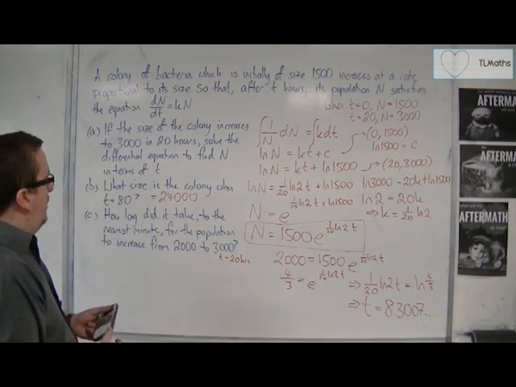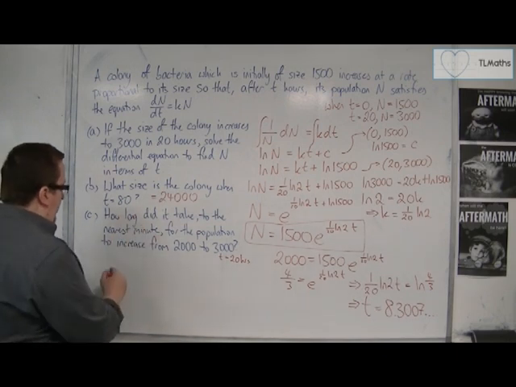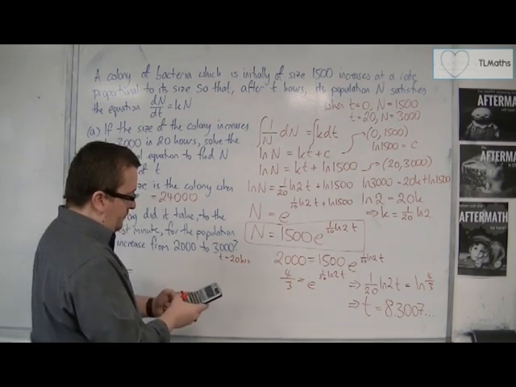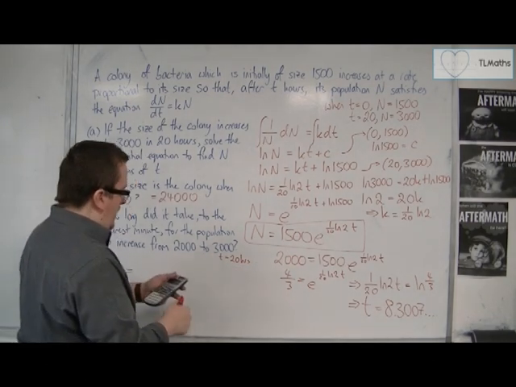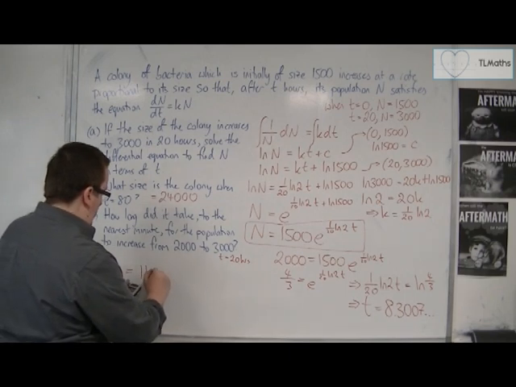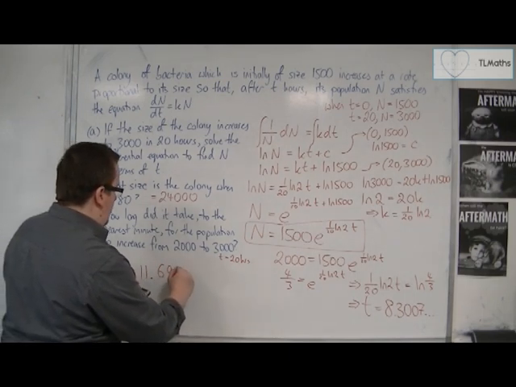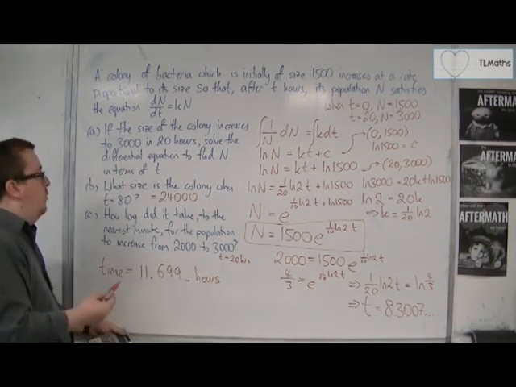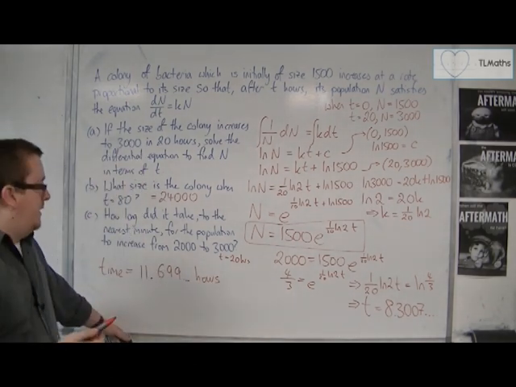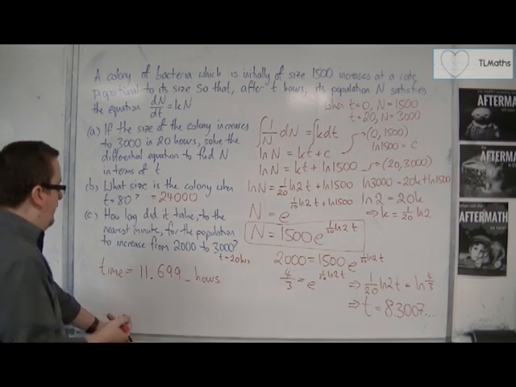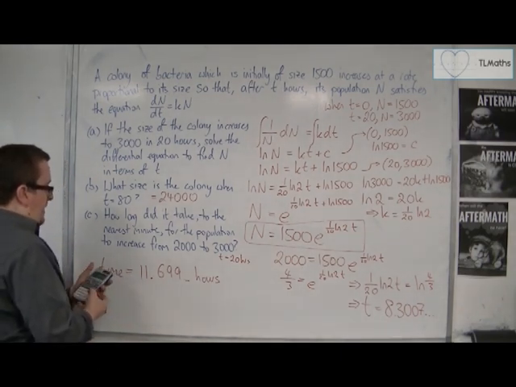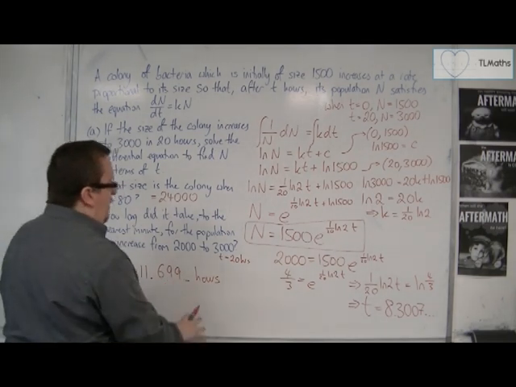Okay, so in hours, the time was 20 take away that, and so that's 11.699 hours. Okay, but we want it to the nearest minute. So if I take 11 from that, that just leaves me the 0.699 bits of an hour.